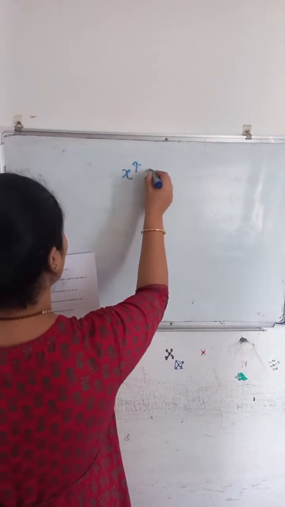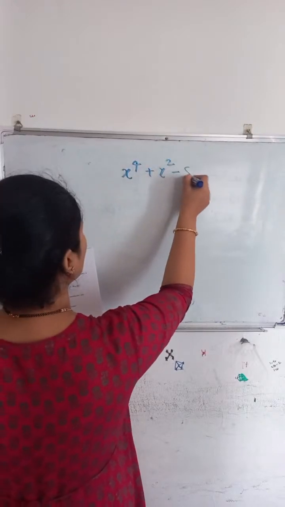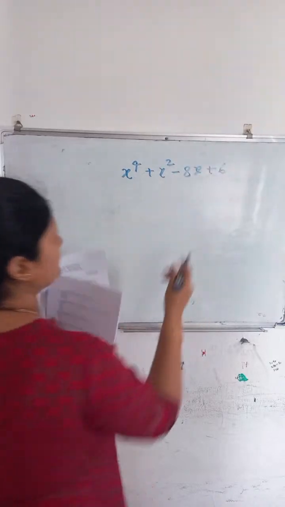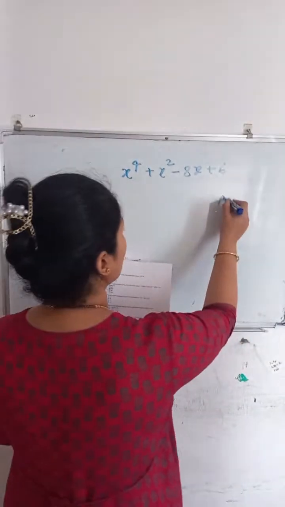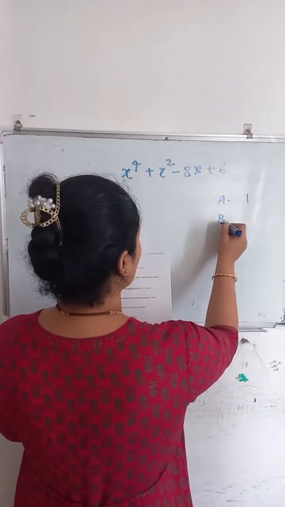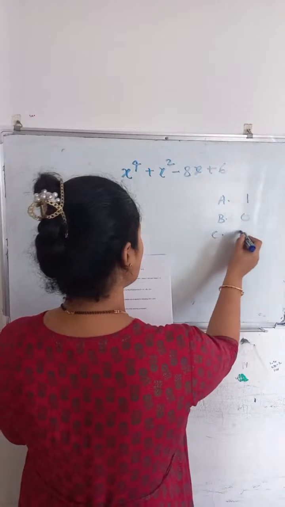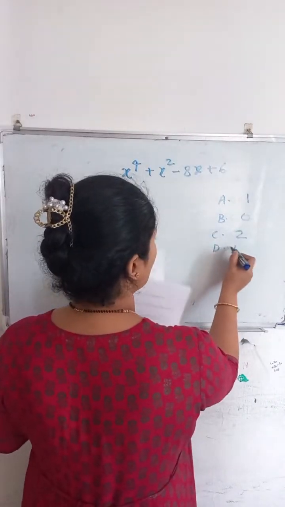X raised to 4 plus x raised to 2 minus 8x plus 6. This is the question, and options are given. Option A is 1, B is 0, C is 2, and D is minus 1.